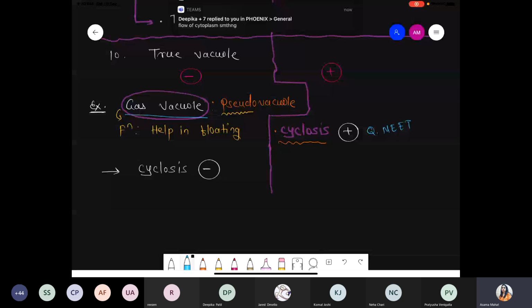Flow of cytoplasm smoothly moving. Partial, Deepika. Okay, it is a little correct. Cyclosis means movement of cytoplasm. Yes, it is cytoplasmic streaming: movement of cytoplasm around the vacuole.